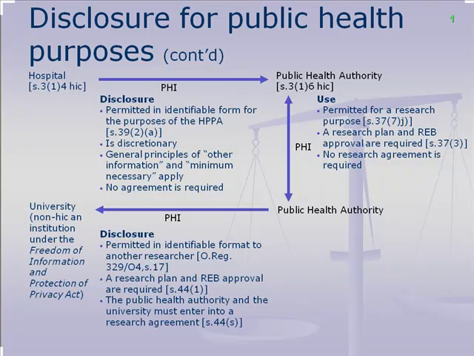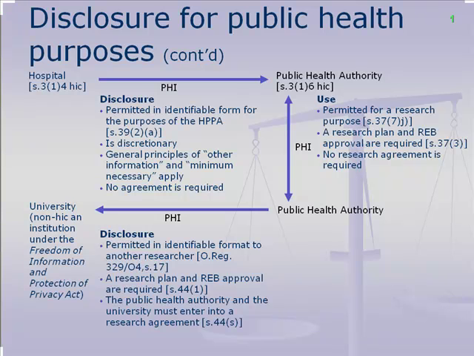But one of the interesting things that I think this scenario demonstrates about PHIPA is that information in identifiable form may be disclosed when there is authority without consent for certain secondary purposes.